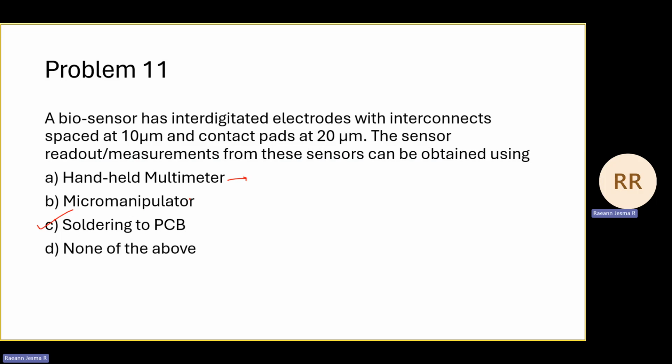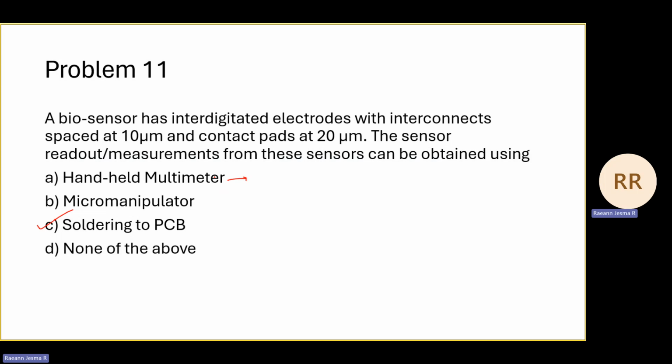Second option is micromanipulator. So, a micromanipulator is an assembly that is just used to do very precise movements that cannot be achieved with just a human hand. So it will have some mechanism for moving in different directions like X, Y, Z, and also it will have some mechanism for rotating the sample.